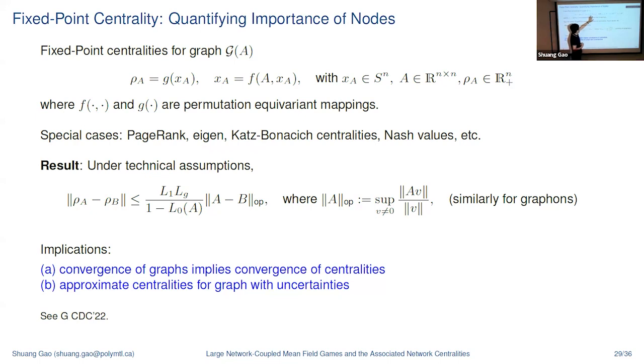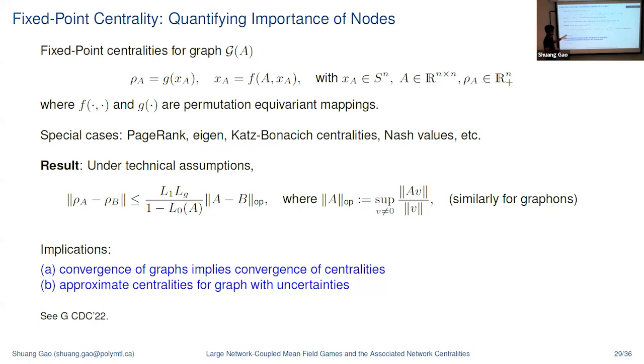So this map F summarizes the network into features X_A, and then the map G summarizes these features into a real value that tells you how important a node is. And with this, we see that PageRank, eigencentrality, Bonacich centrality, and the Nash values for the game that we look at, they follow these definitions.